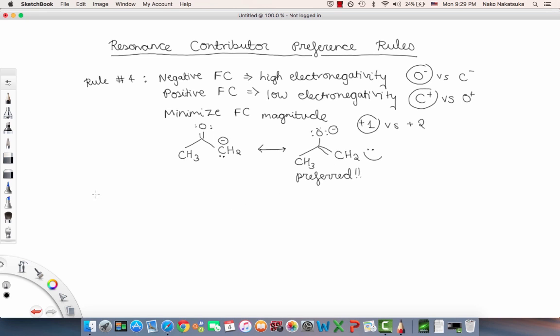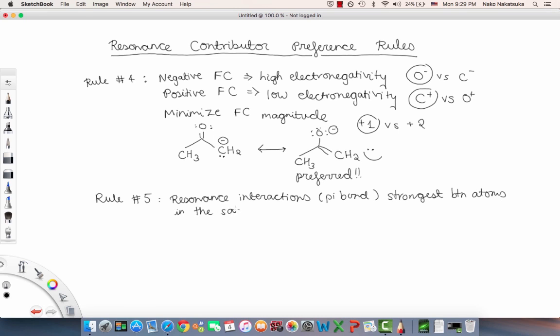So now moving on to rule number 5, we're almost there. Resonance interaction, i.e. pi bonds, is the strongest between atoms in the same row of the periodic table.